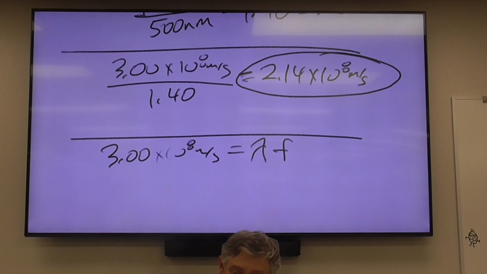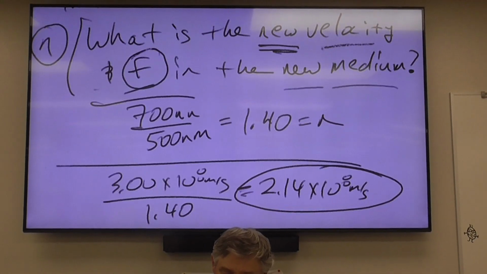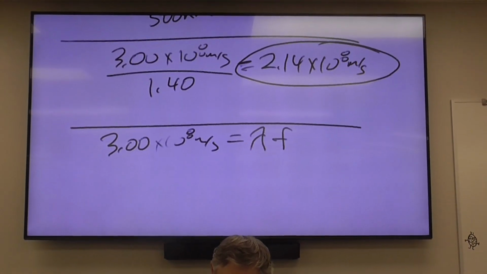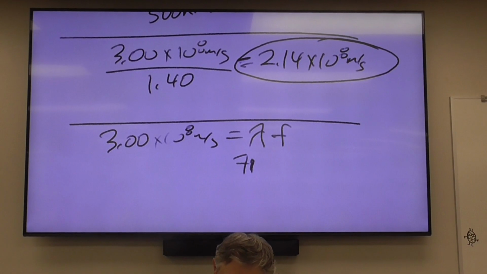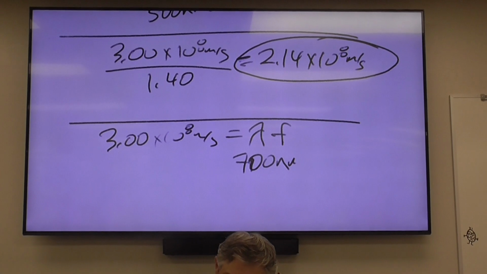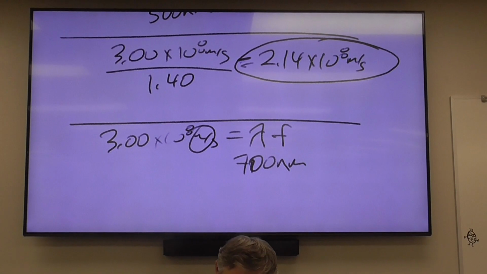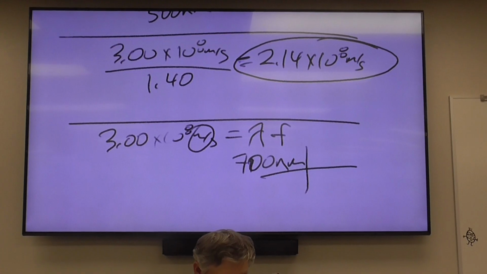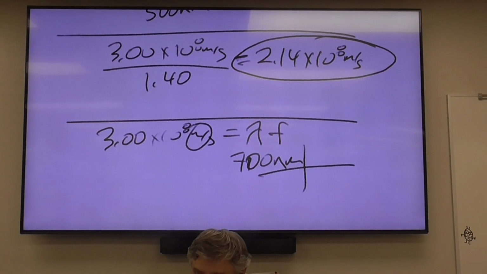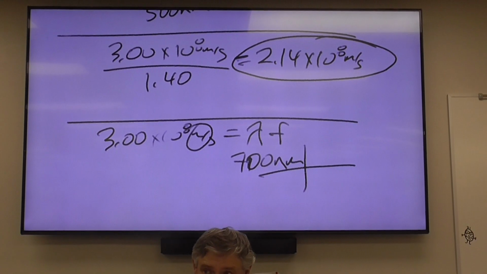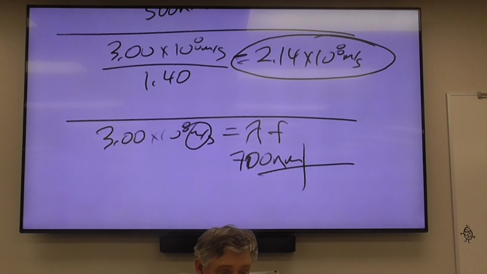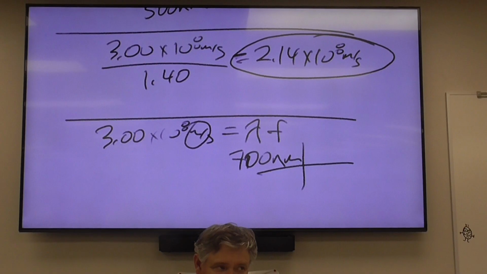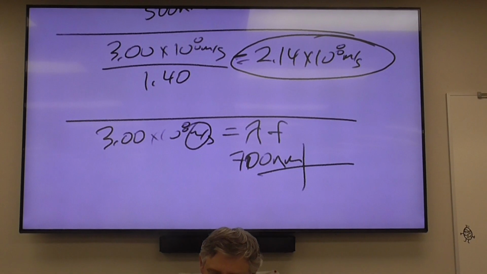You know what the wavelength is, which is going to be 700 nanometers. Now, this is in meters per second, so you've got to do the conversion. What's the conversion from nanometers? 10 to the negative 9. Micro is 10 to the negative 6, you're right, but nano is 10 to the negative ninth.